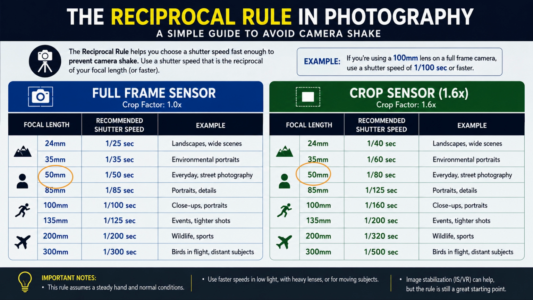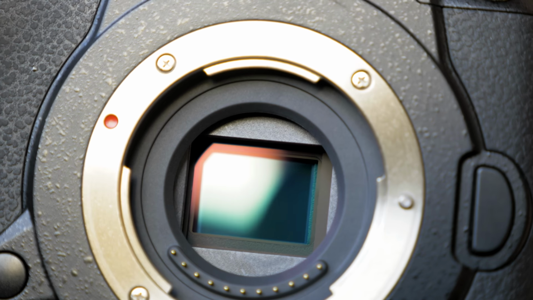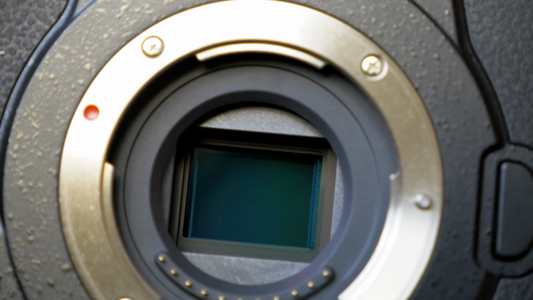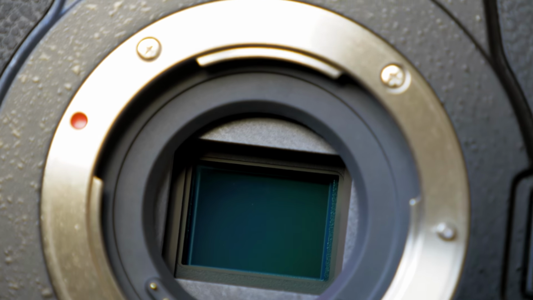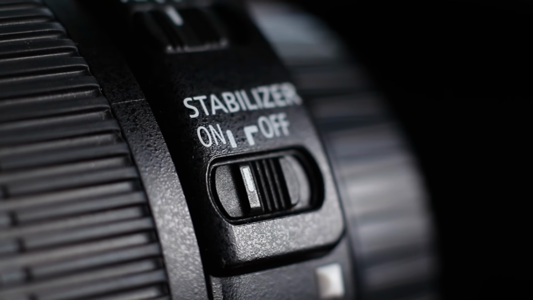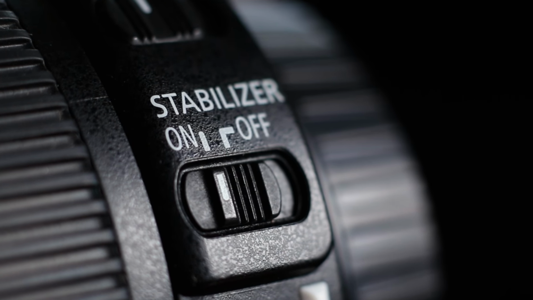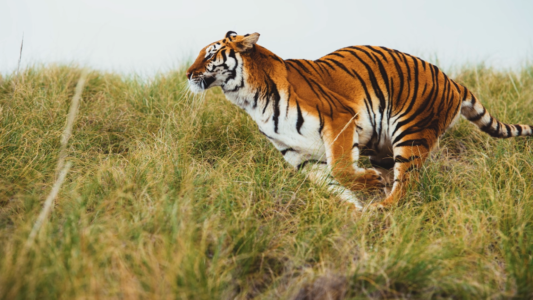So if you are using a 50mm lens, try starting around 1/50th of a second or faster. With a 200mm lens, you may need around 1/200th of a second or faster. Modern cameras and lenses with image stabilization can allow you to shoot slower than this, but stabilization only helps with camera movement. It cannot freeze a moving subject.